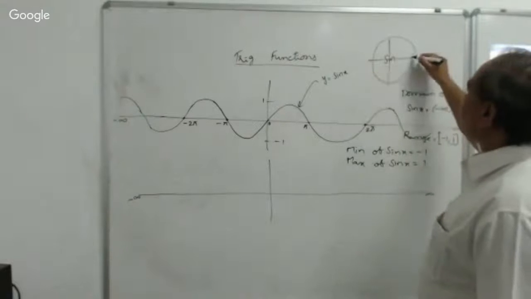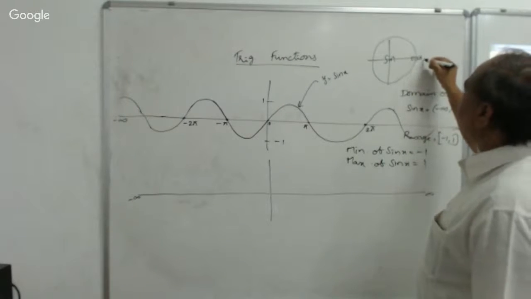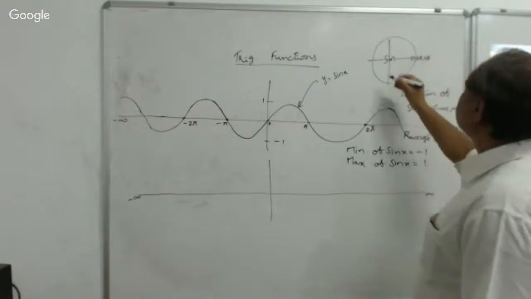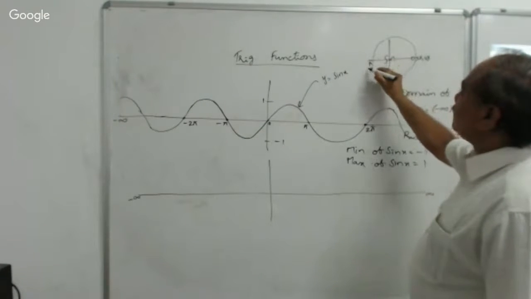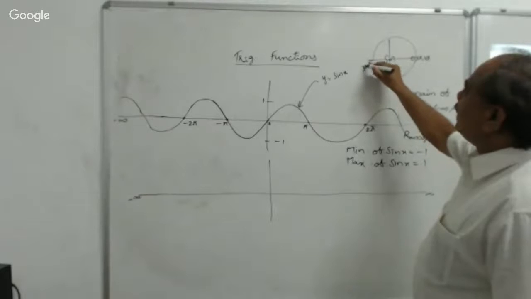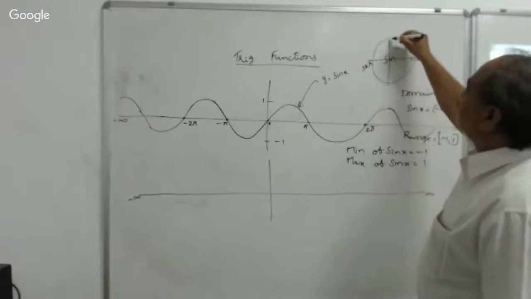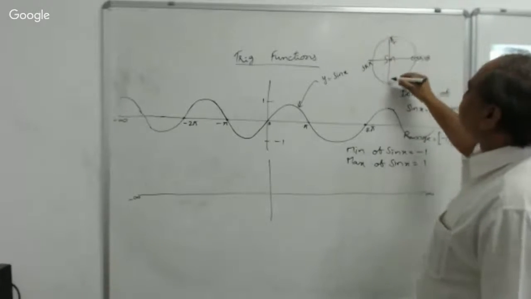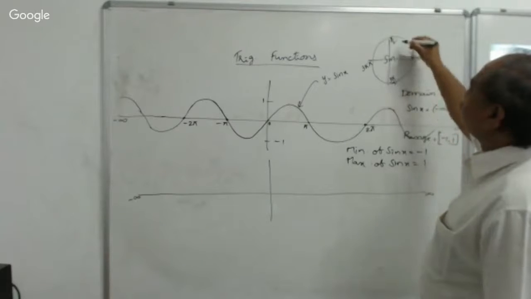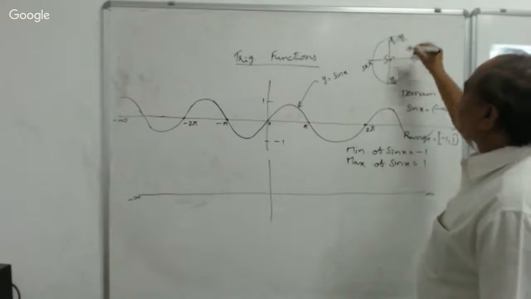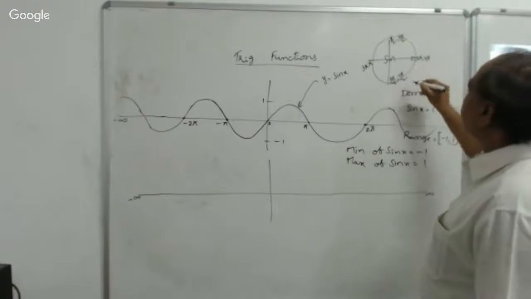Mark 0, 2 pi, 4 pi. On the left-hand side it is minus pi, minus 3 pi, etc. Here we have pi by 2, 3 pi by 2, 5 pi by 2, 7 pi by 2, like that.